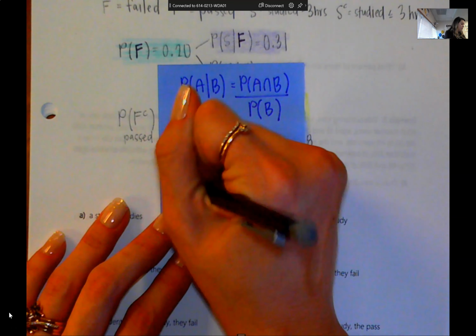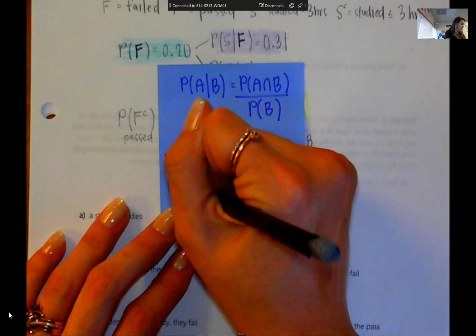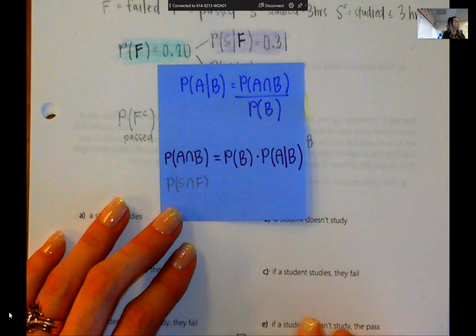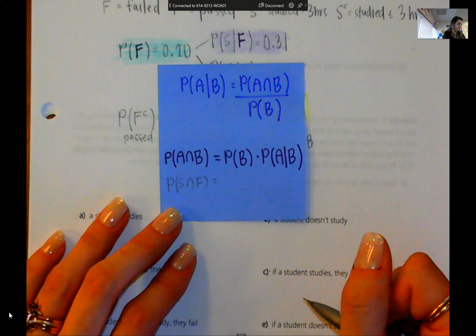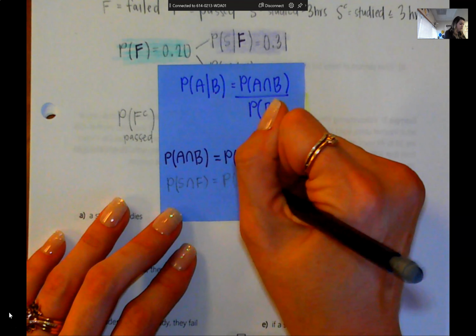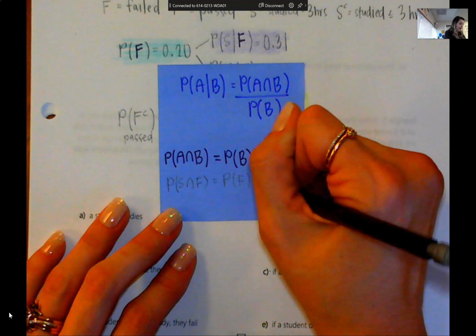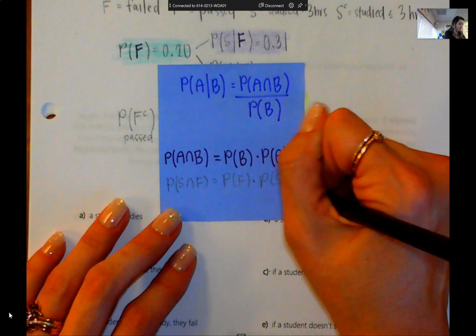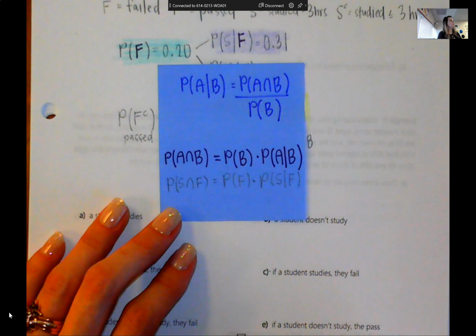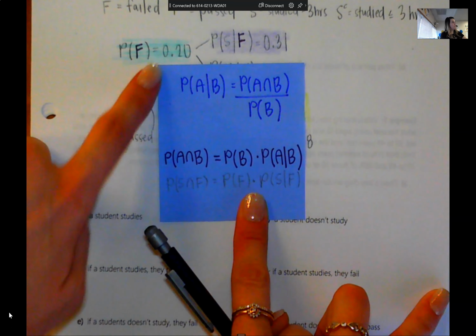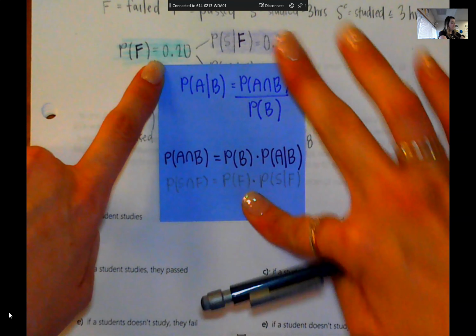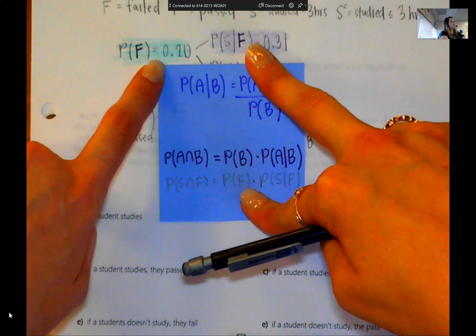If I want to know the probability that they studied and failed, I need to know the probability that they failed and multiply that by the probability that they studied given they failed. We have these two things.